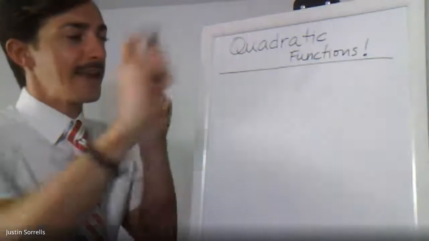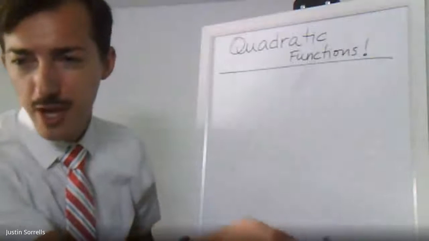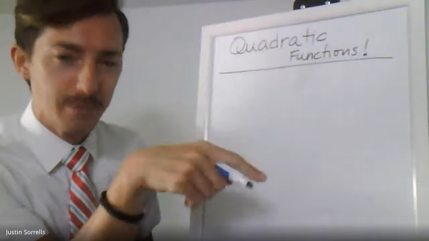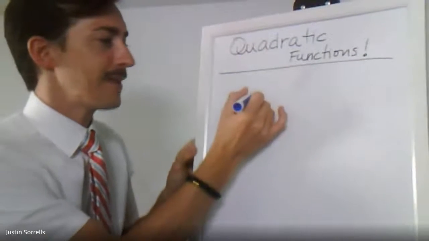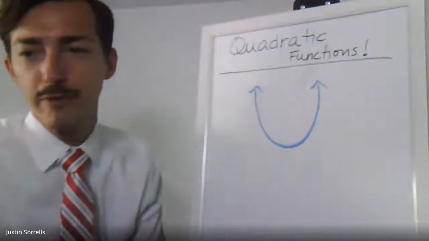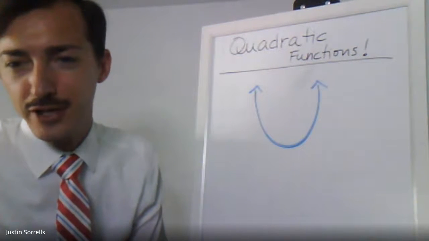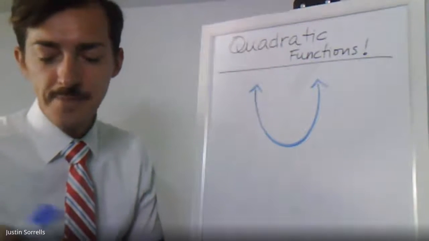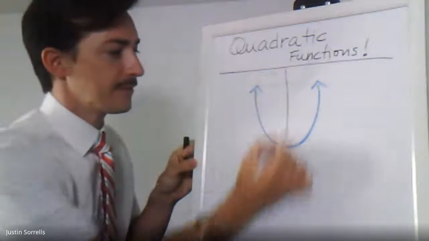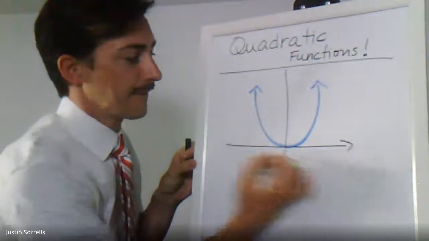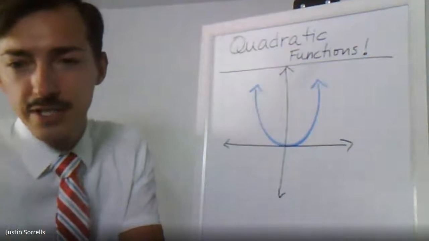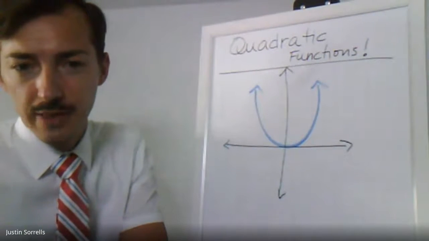Okay. Now, I'm just going to draw a picture of a parabola, because a parabola is the shape of our quadratic function, okay? And our parabolas are in the shape of a U, right? Okay, so when we look at a parabola on the graph, we can now start to determine some really important features about the parabola.